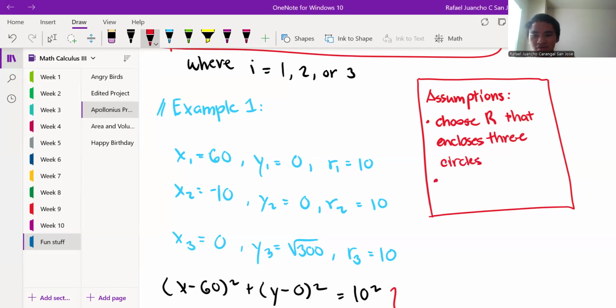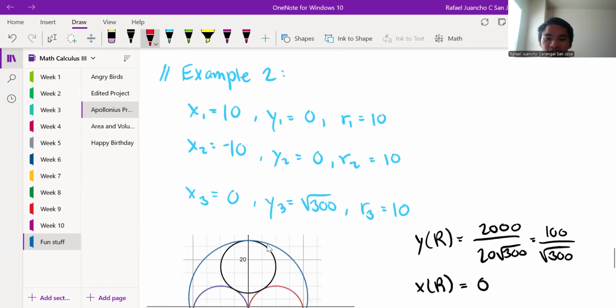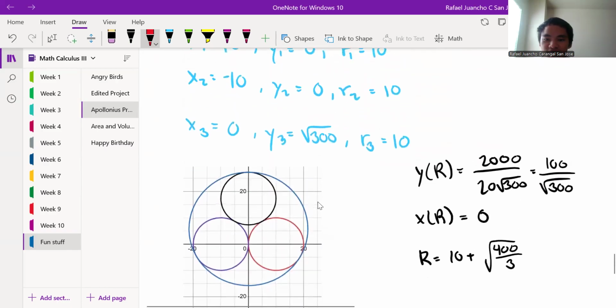That's like the one thing. And then as much as possible, we want my R sub 1, R sub 2, and R sub 3 to be equal. So those are the assumptions. Other than that, it should be good to go.